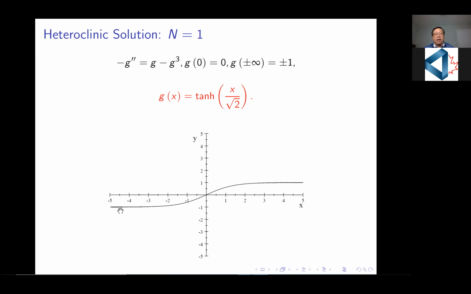When x goes to -infinity, it goes to -1, and when x goes to +infinity, it goes to +1. In between, you have some kind of interface. In this case, the nodal set is just a point, because it's one dimension. But in this talk, we're going to assume n greater than 2.